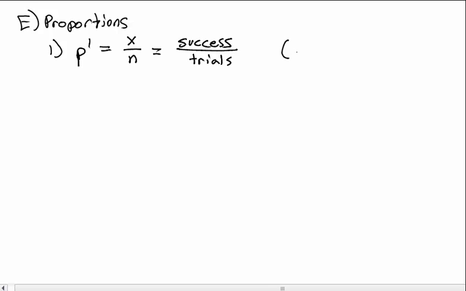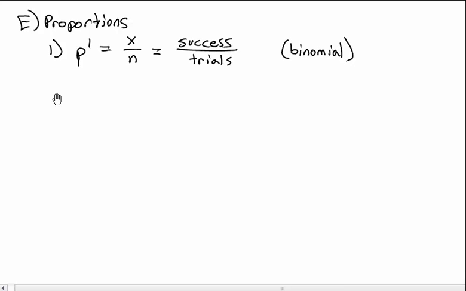Notice this sounds like, and it actually is, a binomial distribution. But instead of saying the number of successes out of the number of trials, we express it as a proportion. 0.83 of the people are right-handed. It's a proportion, expressed usually as a decimal.